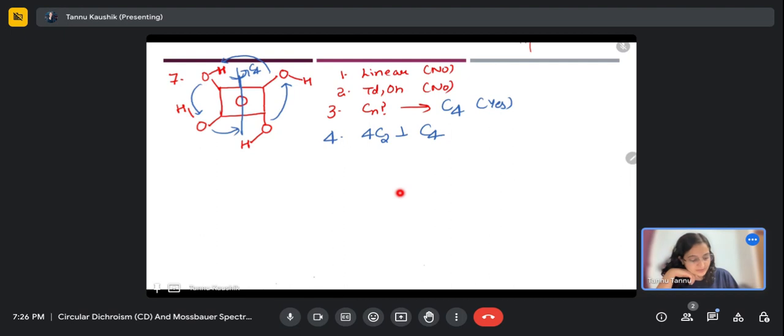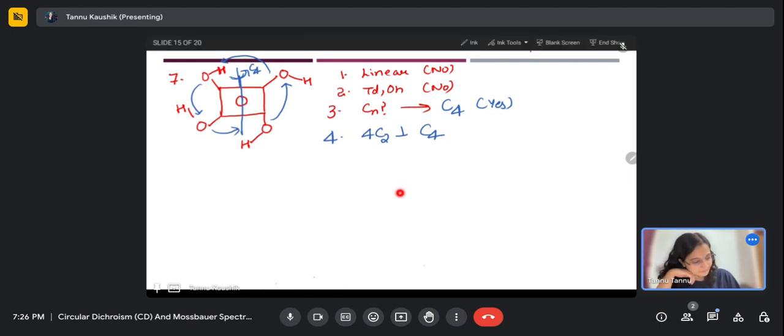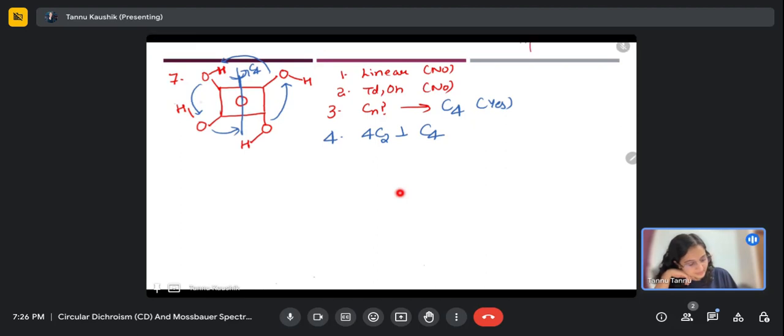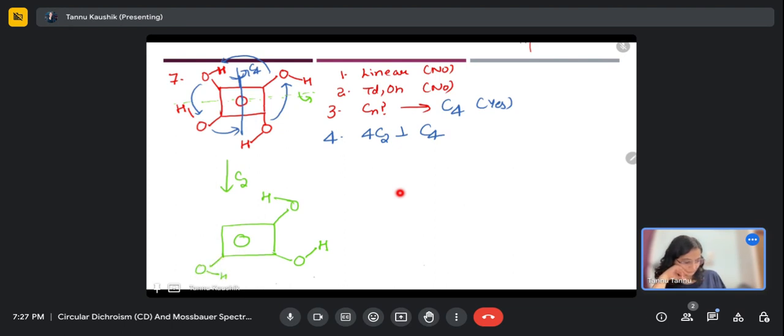So if you consider that there is a C2 axis perpendicular to this C4 axis, and you rotate this molecule, after C2 you will get a configuration like this, and this is not an identical configuration.